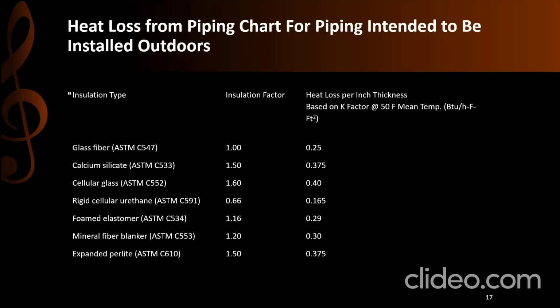So, insulation factor is 1, 1.5, 1.6. Heat loss per inch thick based on K factor is 0.25, 0.375, 0.4, 0.165, 0.29. This is the heat loss per inch.